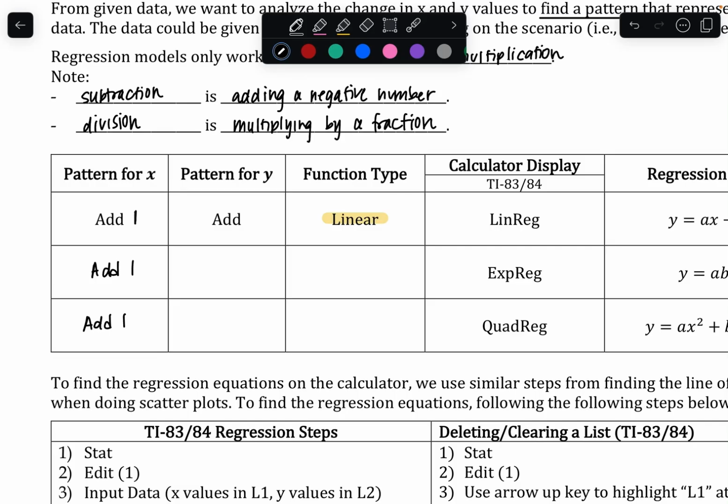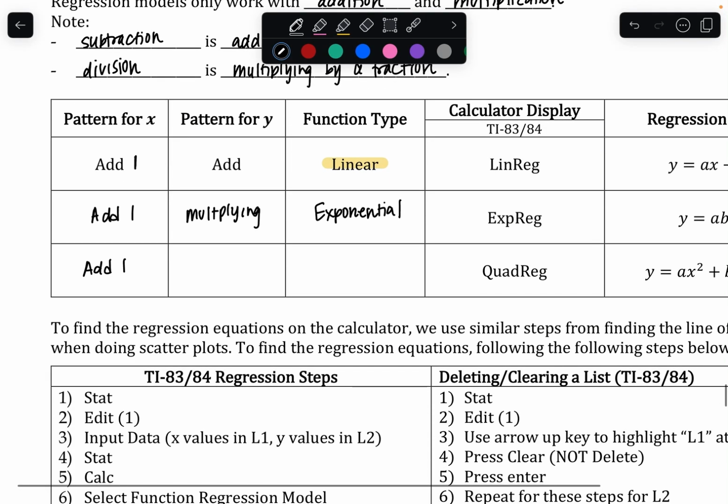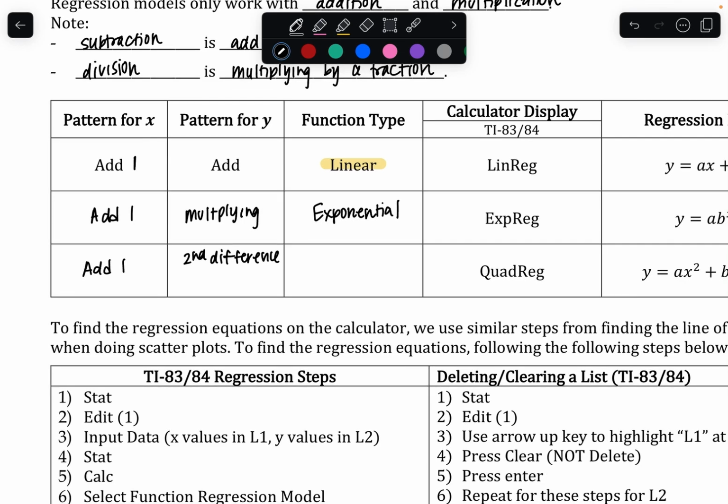Okay, if you are adding 1 each time and your y's are multiplying by a common ratio, that is going to be exponential. And then if you are adding 1 to the x's and you have a constant second difference, that is going to be quadratic.